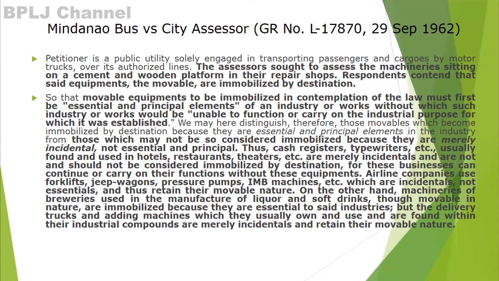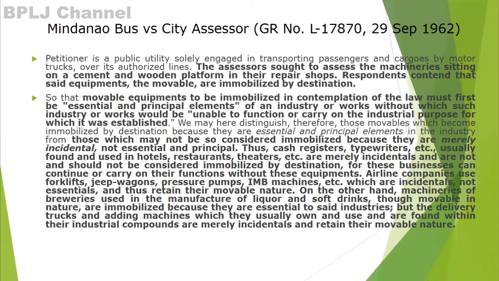So that movable equipments be immobilized in contemplation of the law, they must first be essential and principal elements of an industry or works, without which such industry or works would be unable to function or carry on the industrial purposes for which it was established. Those which may not be so considered immobilized are merely incidental, not essential and principal.